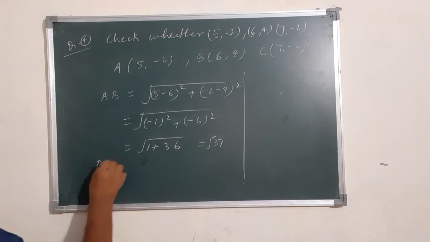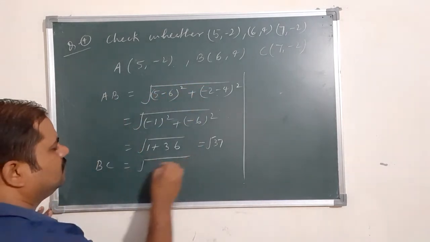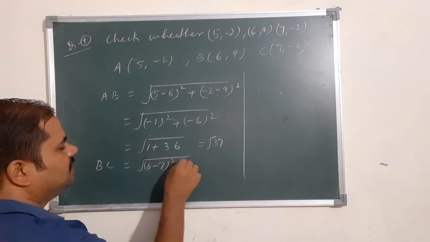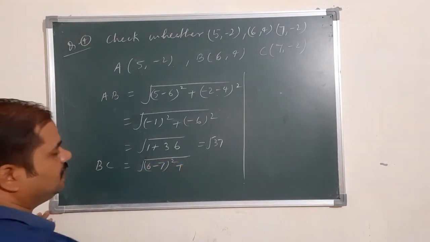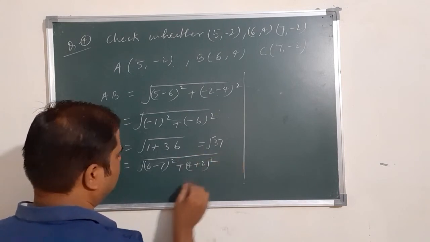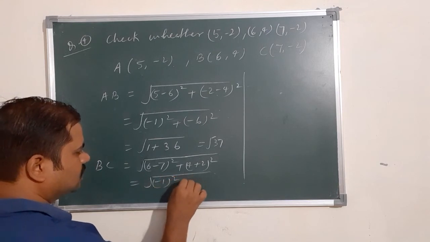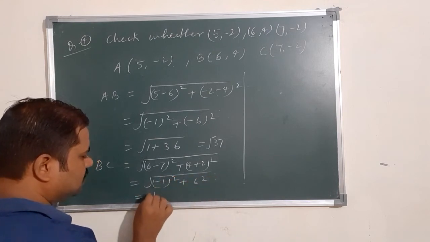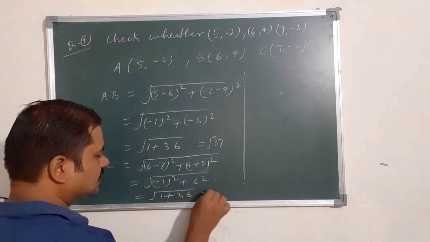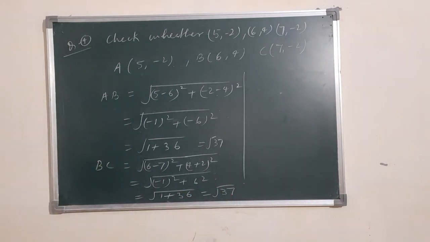Now BC is the root of (6 minus 7) whole square plus (4 plus 2) whole square. This is (-1) whole square plus 6 whole square, also 1 plus 36, root of 37.